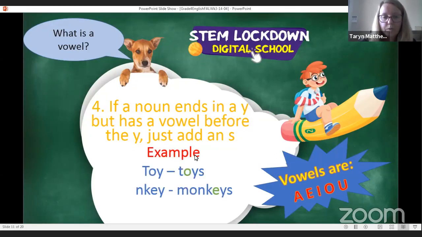So my example is, I've got toy becomes toys. So do you see there that the word toy has a vowel before the Y? So now I just added an S. Easy. Monkey becomes monkeys. Oh, good. The lady's giving me an example.